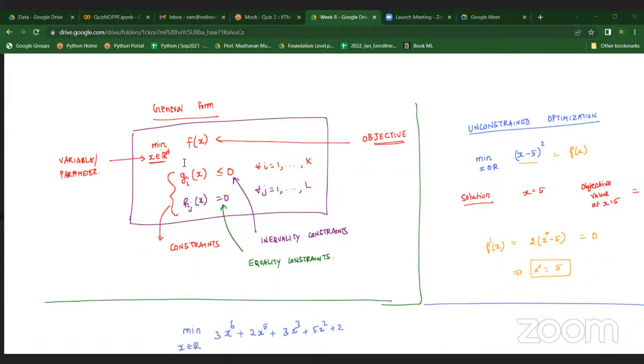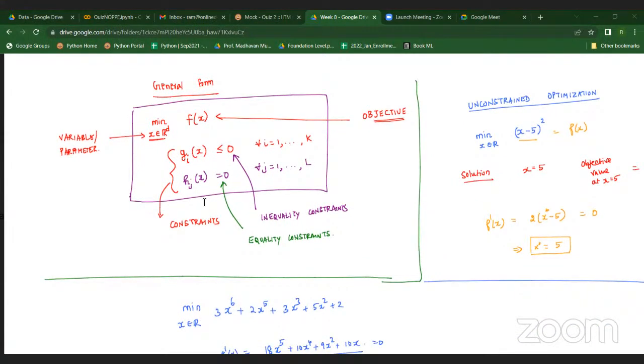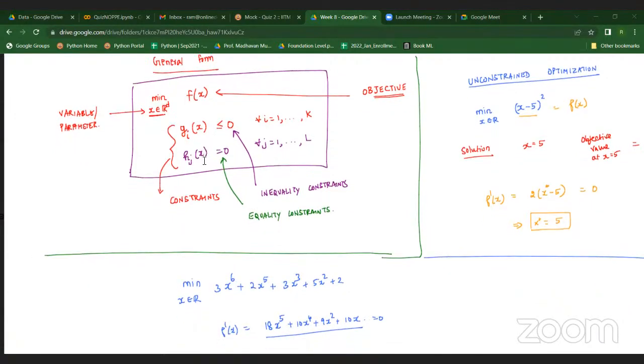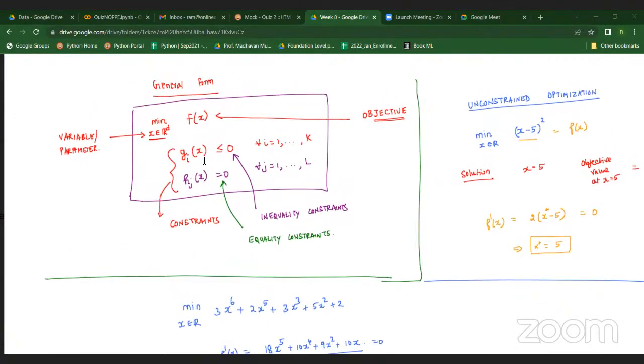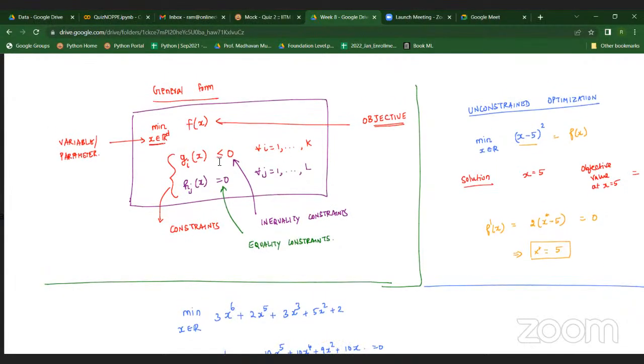While minimizing it, we might have some constraints. For example, if you want to find the maximum value of minus x square plus 2x plus 1, you might have conditions like x is greater than 0, or x is less than 0, or x plus y equals 1.